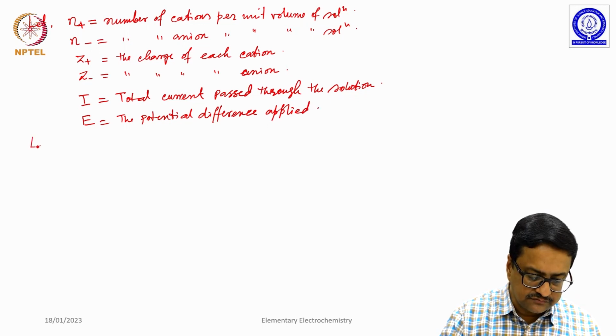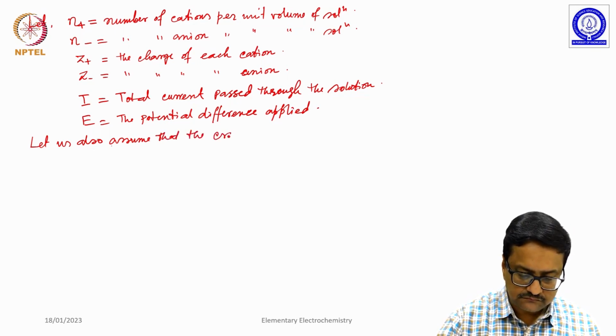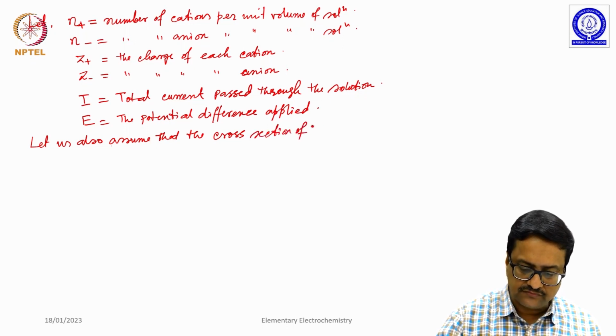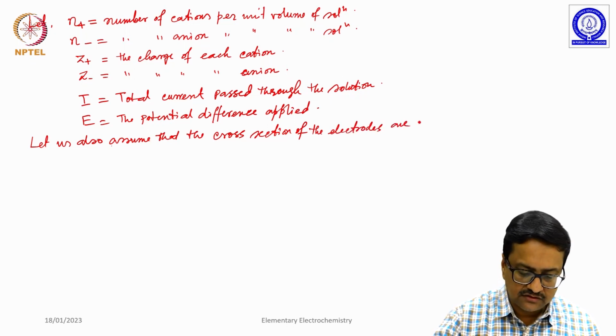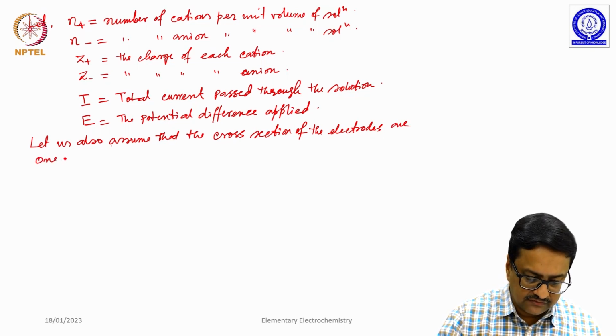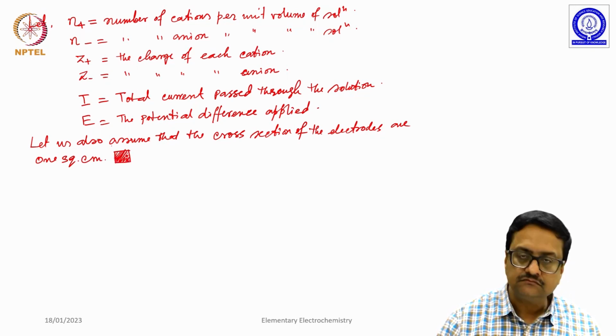Let us also assume that the cross section of the electrodes is 1 square centimeter, that is 1 centimeter by 1 centimeter is the size of the electrode, right?